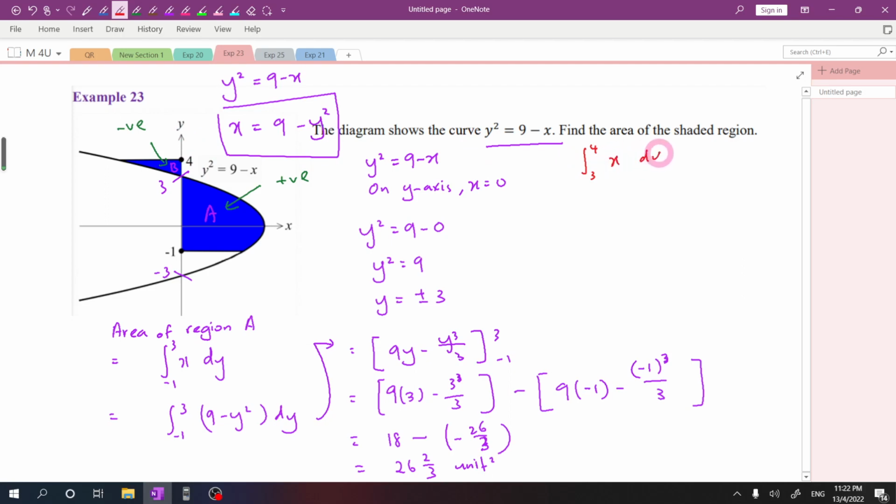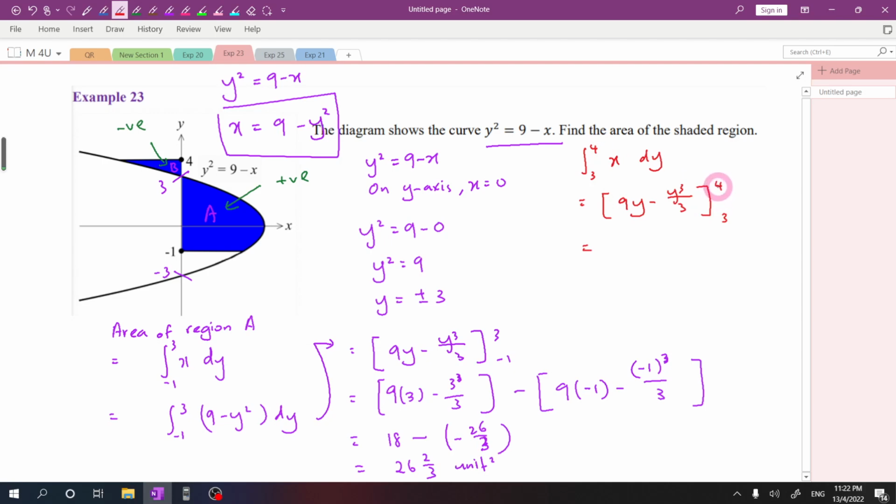The beginning step is the same as this one. We can actually just copy this one: 9y minus y power 3 over 3. But we change the lower limit and upper limit to become 3 and 4.